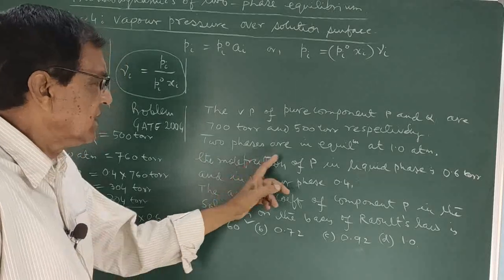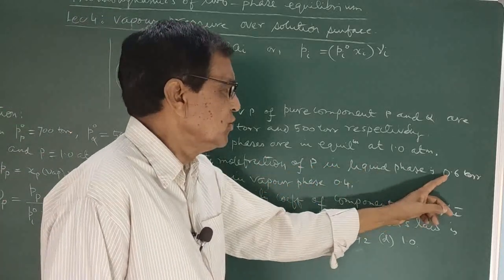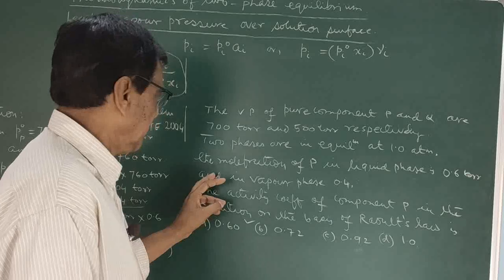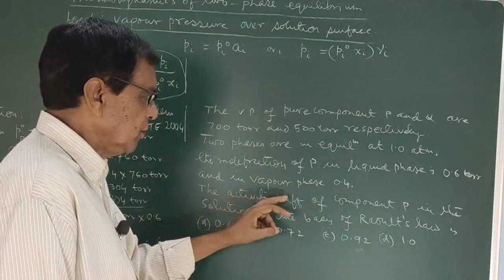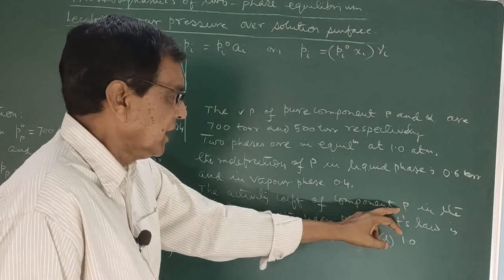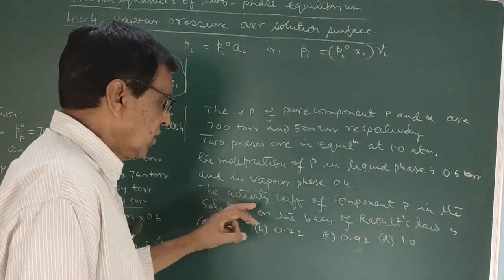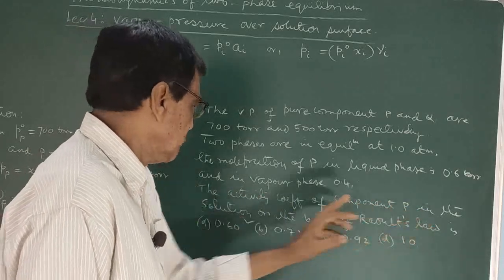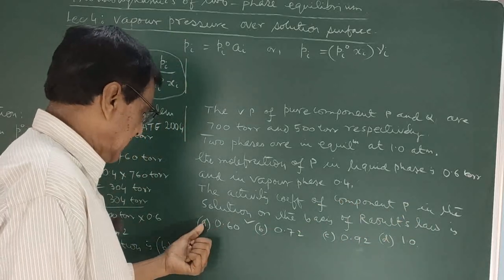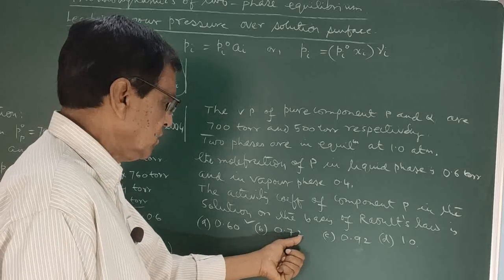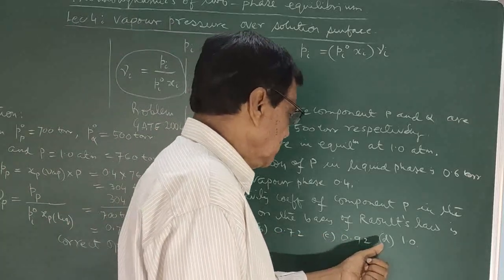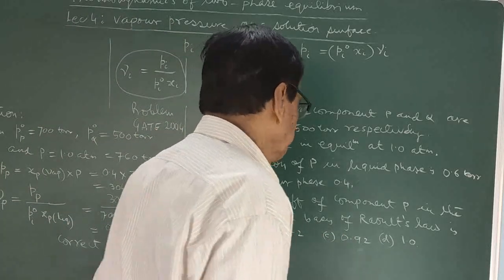The mole fraction of P in the liquid phase is 0.6 and in the vapor phase 0.4. The activity coefficient of component P in the solution on the basis of Raoult's law is: option A 0.60, B 0.72, C 0.92, and D 1.0.